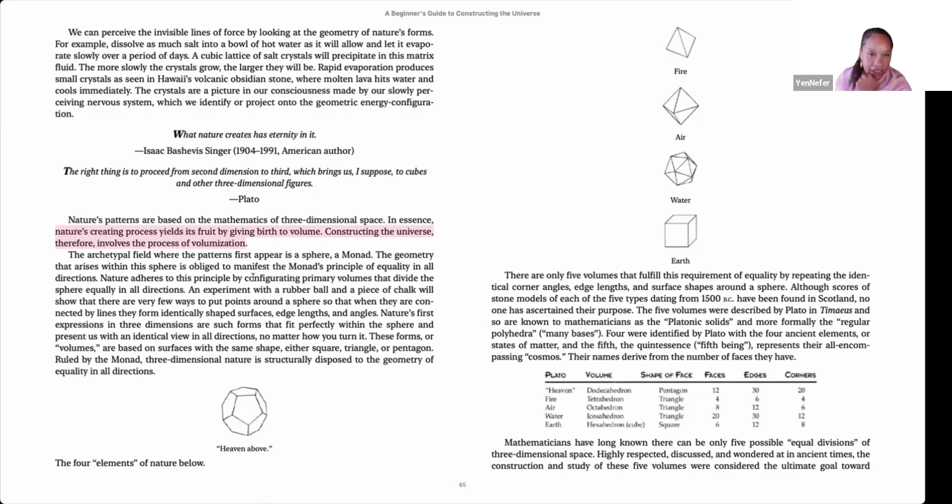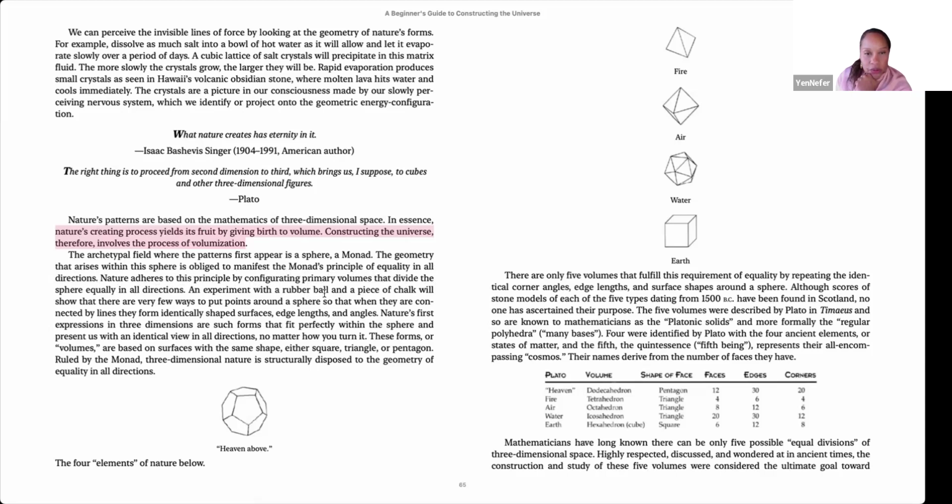The typal field where the patterns first appear is a sphere, a monad. The geometry that arises within the sphere is obliged to manifest the monad's principle of equality in all directions. Nature adheres to this principle by configuring primary volumes that divide the sphere equally in all directions.